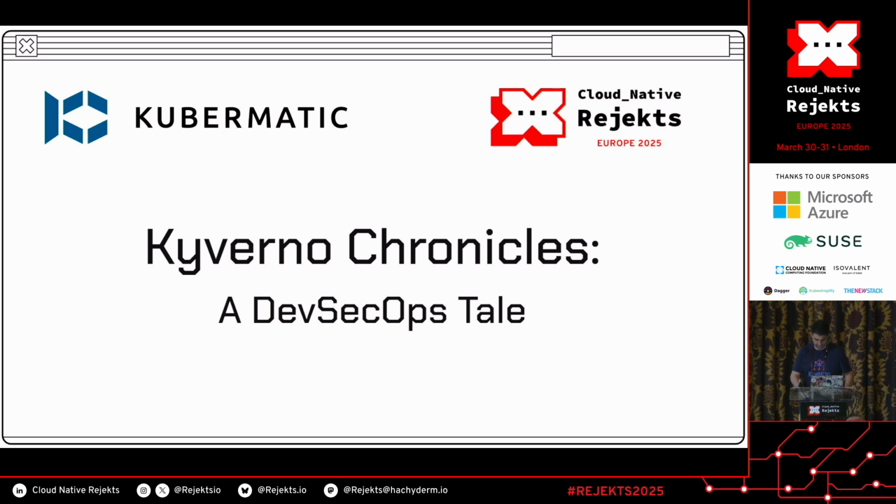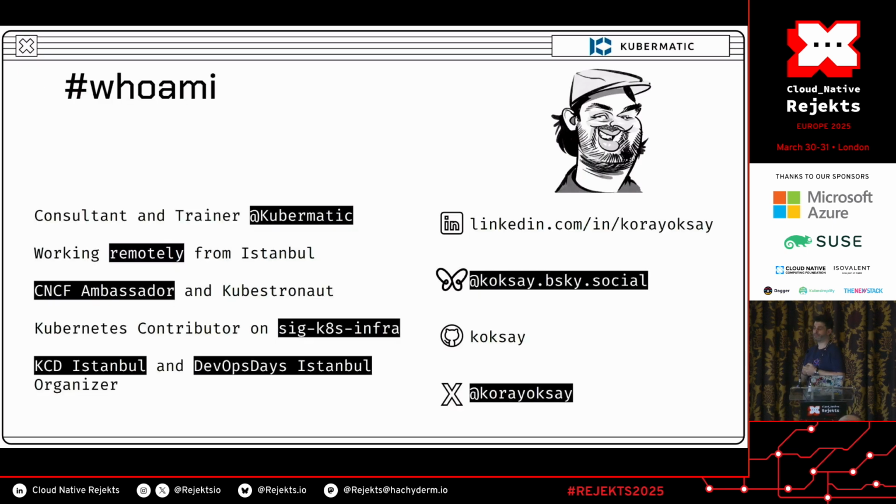So my name is Koray. I work for Kubermatic as a consultant. We do consultancy, trainings and other stuff. I'm Turkish, living in Istanbul. I'm a CNCF ambassador since last year, and a Kubastronaut. So yeah, I have a bunch of certificates.